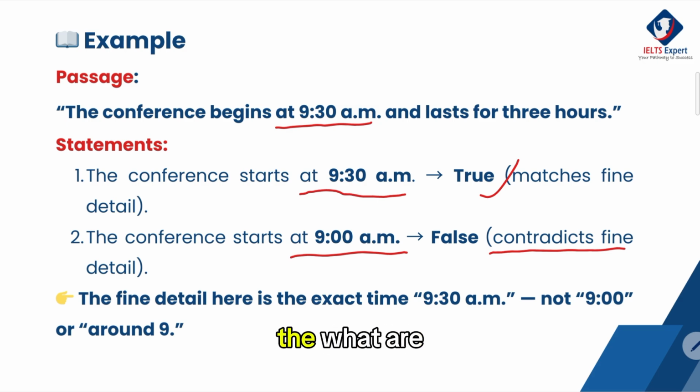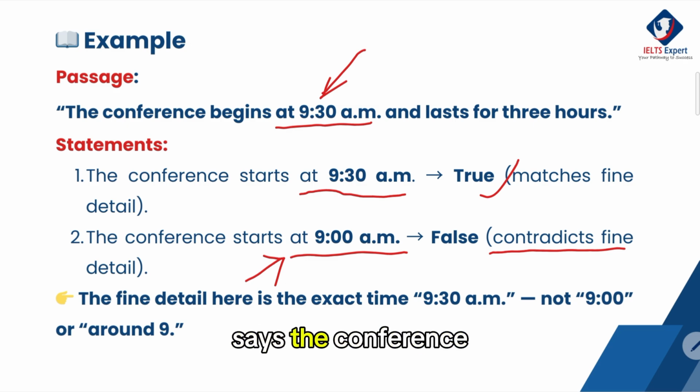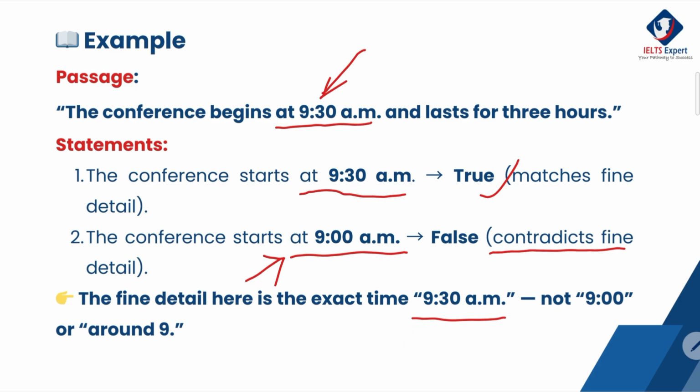So what are the fine details in the passage? 9:30 a.m. But the fine detail in the statement is 9 a.m. The conference starts at 9 a.m. That is our statement, but the passage says the conference begins at 9:30 a.m. So the fine detail here is the exact time, 9:30 a.m. That is the exact, precise detail.